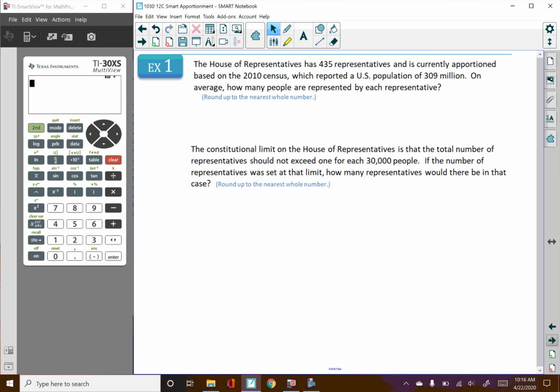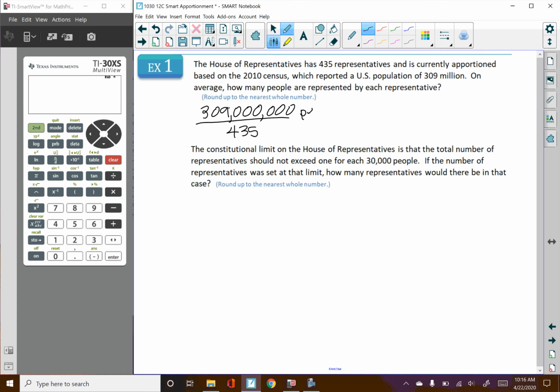So on average, how many people are represented by each representative? To answer that question, we just need to take our population, 309 million, and divide it by our 435 representatives.